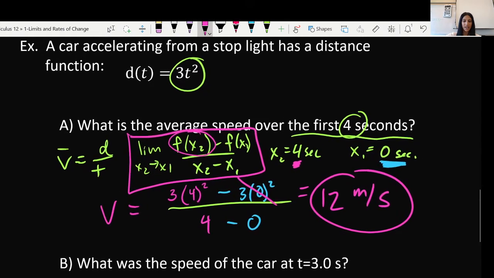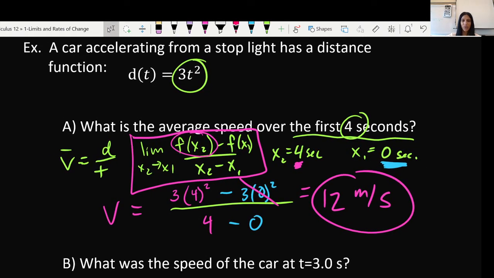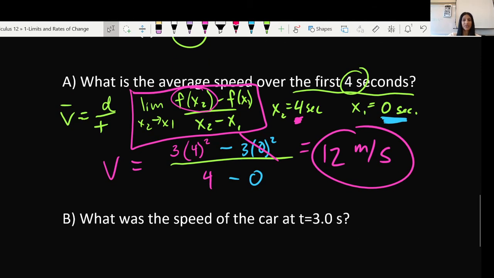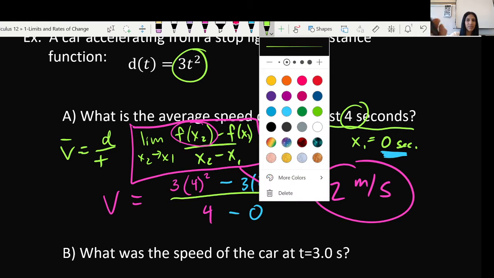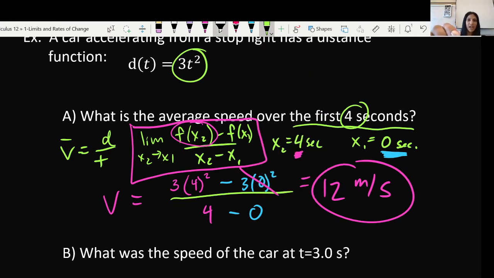Okay, so then in the next one, it says, what was the speed of the car at t equals 3 seconds? For this one, I want to mention this quickly. When I have this notation here, that is basically our average velocity.